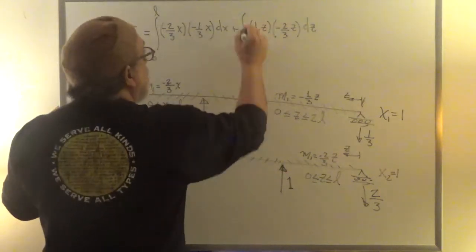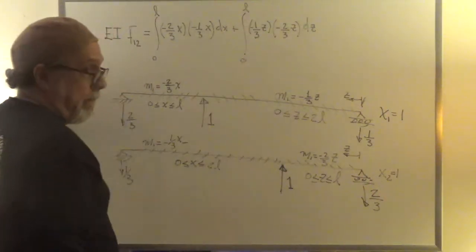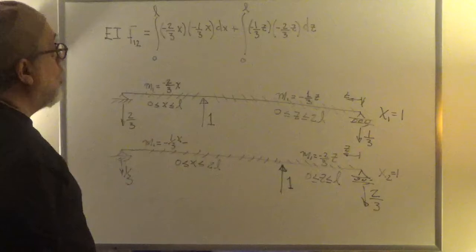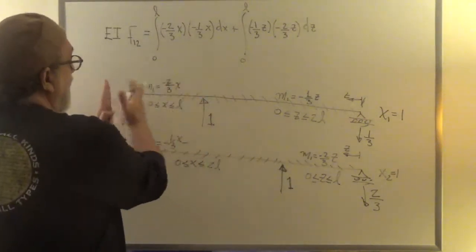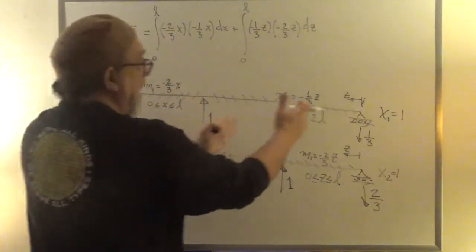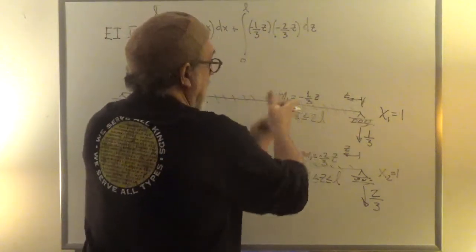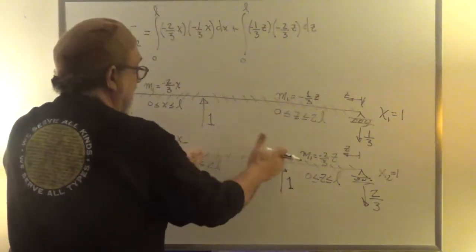From 0 to L. So we have covered the first L from the left to the right and the last L from the right to the left, right? We're left with this middle space here.